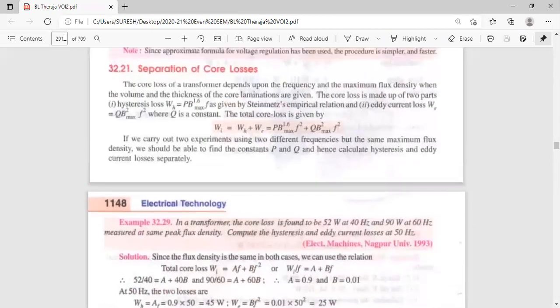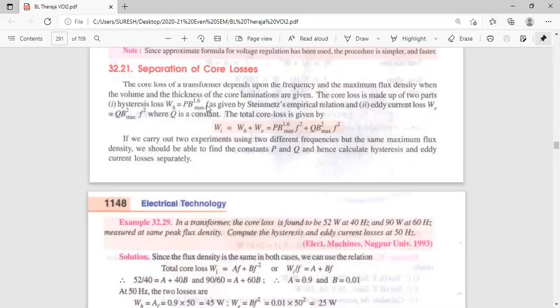See here, separation of iron loss. Core loss means iron loss. Iron loss has two types: one is hysteresis loss and the other is eddy current loss. Now see here, WH is proportional to F and WE is proportional to F square. WH is equal to eta B max, the first equation you have written.